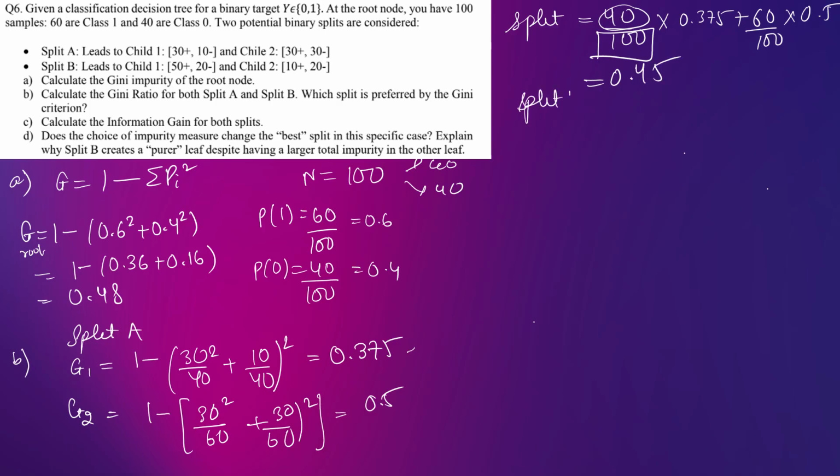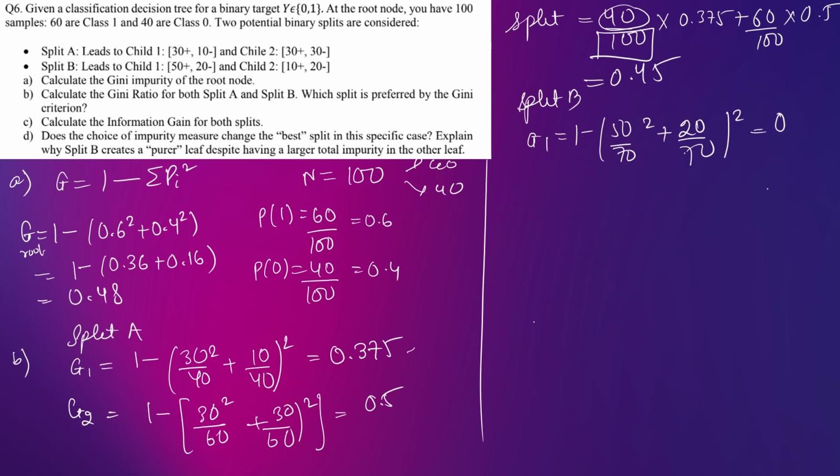For split B, G1, child 1: 1 minus (50 by 70 whole square plus 20 by 70 whole square). This will come out to be 0.408. For your child 2, 1 minus (10 by 30 whole square plus 20 by 30 whole square). This will be your 0.44.